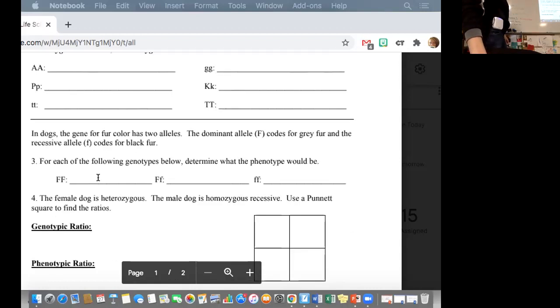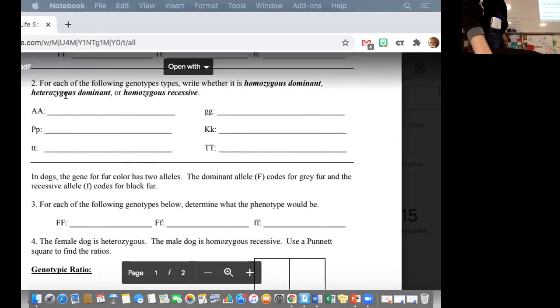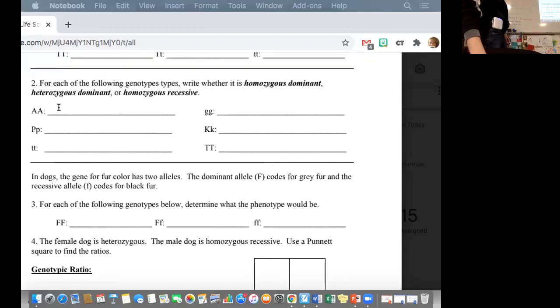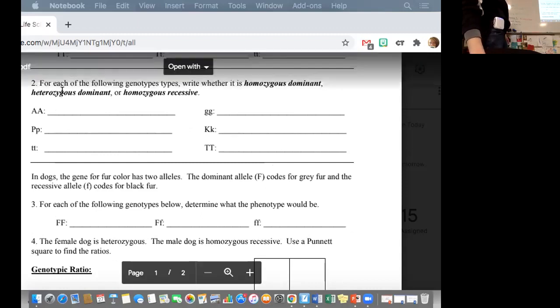Second part: you look at the letters and tell me if it's heterozygous dominant, homozygous dominant, or homozygous recessive. If it has a capital letter, it's dominant. If the letters look the same, it's homozygous. If they look different, it's heterozygous.